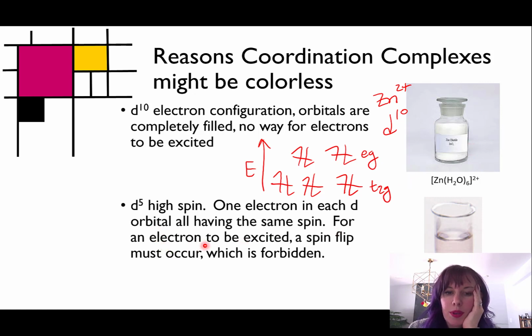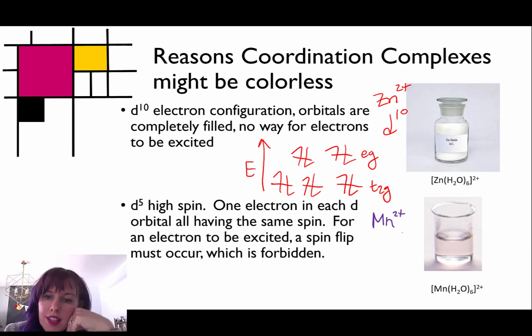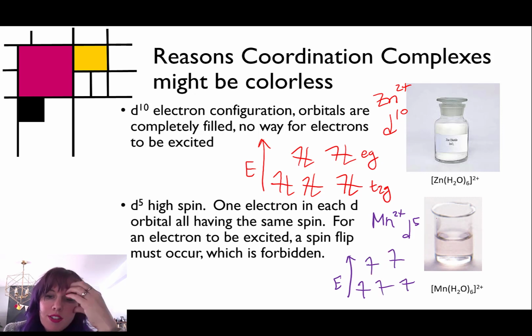And here's another example, manganese 2+. This is D5. And we're going to assume that this is a high spin case because water's an intermediate ligand and manganese is small. So this is D5 high spin. So that means you have an unpaired electron in each one of these orbitals.